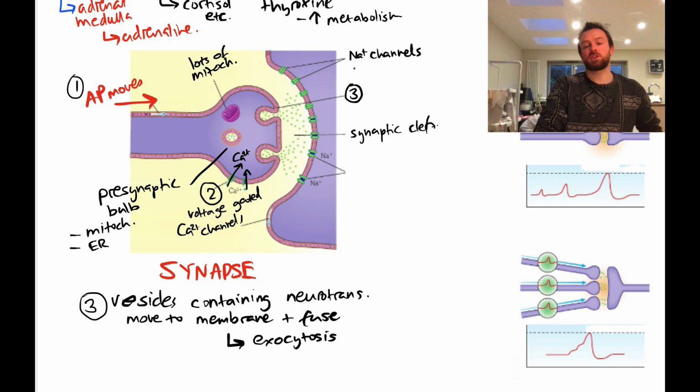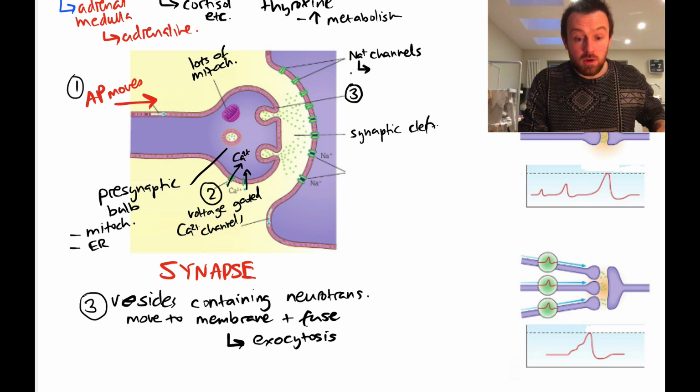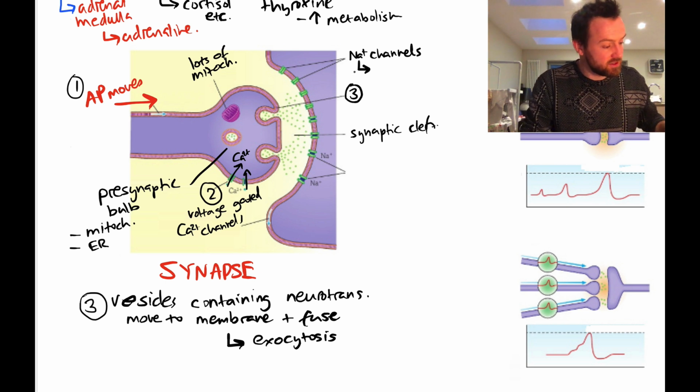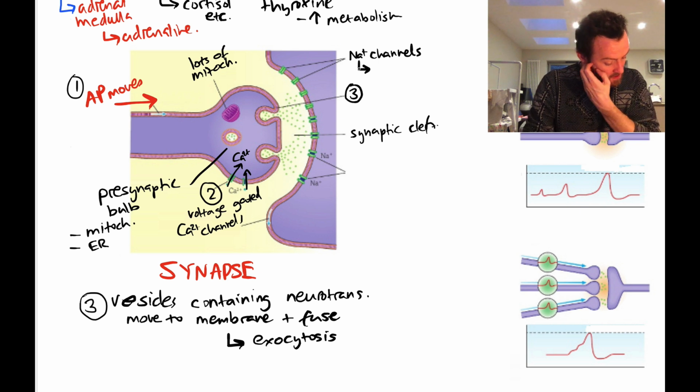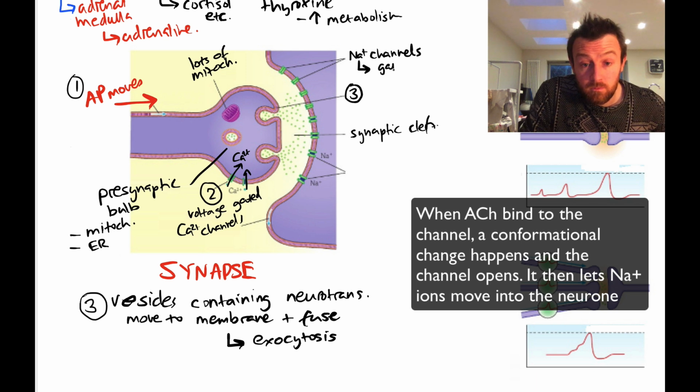And these are not voltage gated sodium channels. They are gated by the neurotransmitter. So they are acetylcholine gated sodium channels. And we can write acetylcholine like this, ACH.